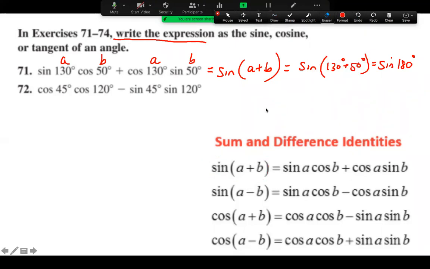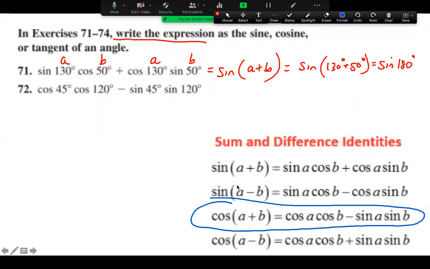How about blue? Number 72 says cosine 45 times cosine 120 minus sine 45 times sine 120. So it's like a cosine A cosine B minus a sine A sine B. So which one looks like this, where you have cosine twice minus sine twice? That looks like this one right here.